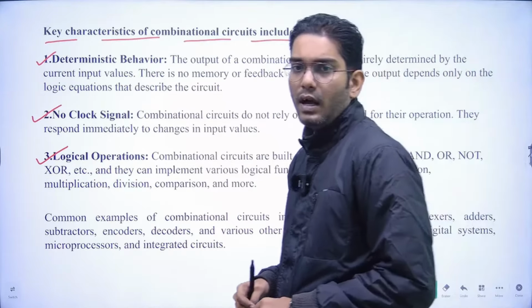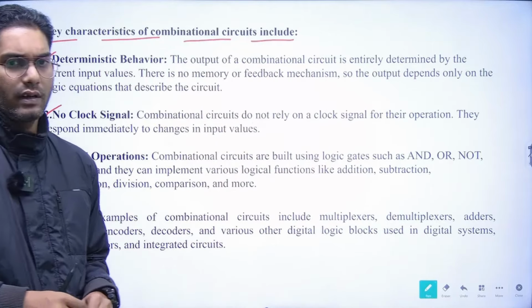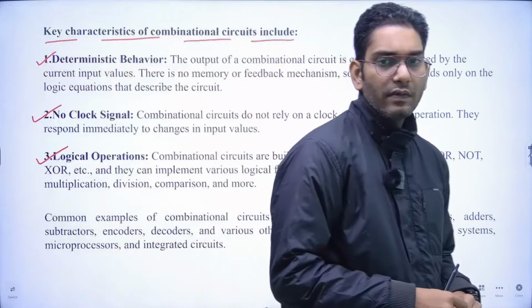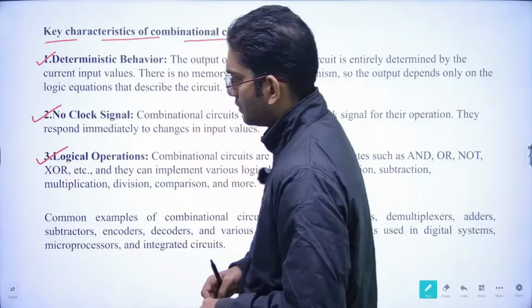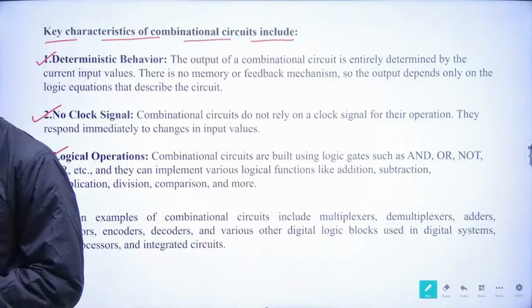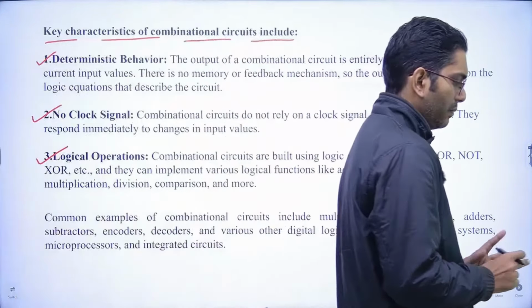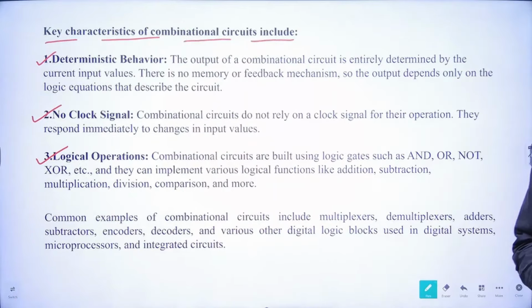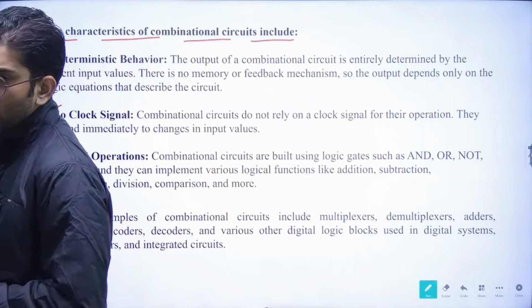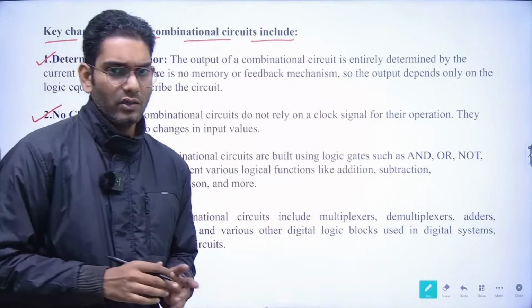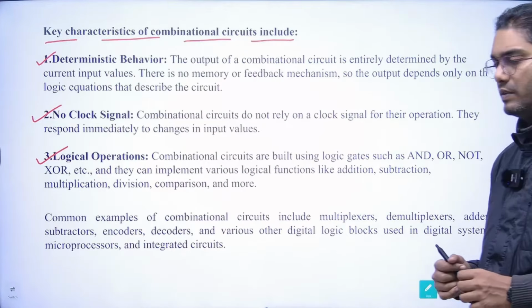Combinational circuits are built using logic gates such as AND, NOT, XOR, etc. And they can implement various logical functions like addition, subtraction, multiplication, division, comparison, etc. These combinational circuits are basically made by using simple logic gates, and they can perform different functions like addition, subtraction, multiplication, division, etc.